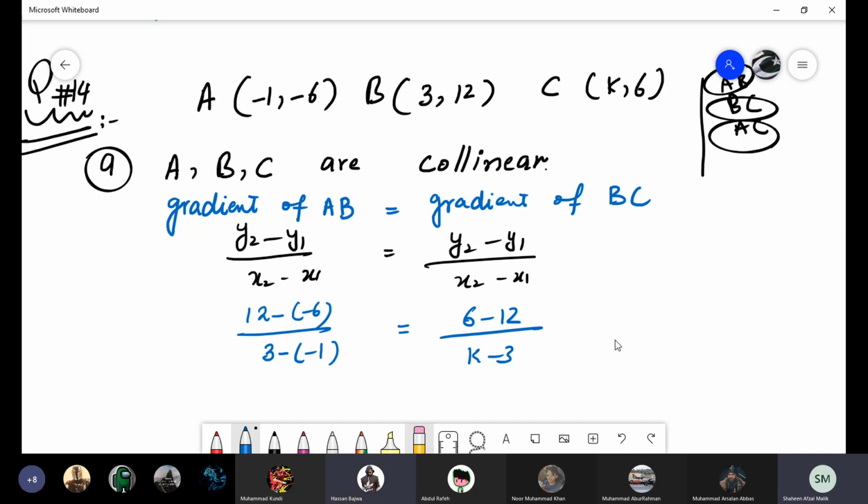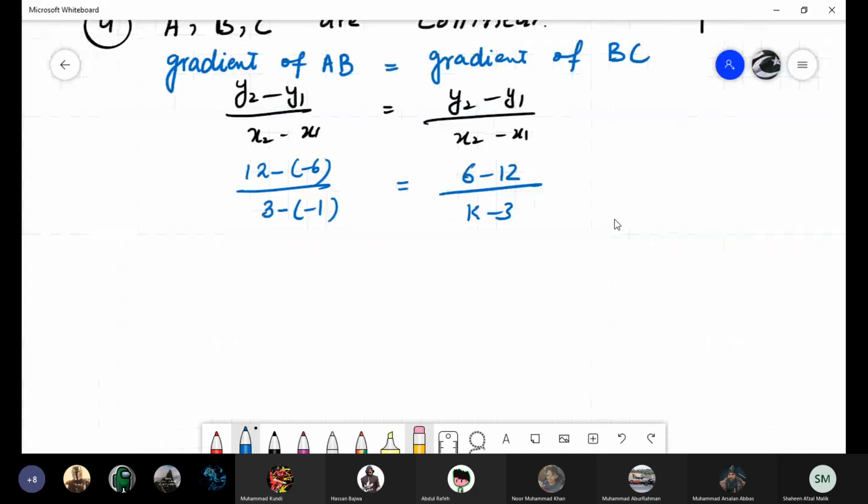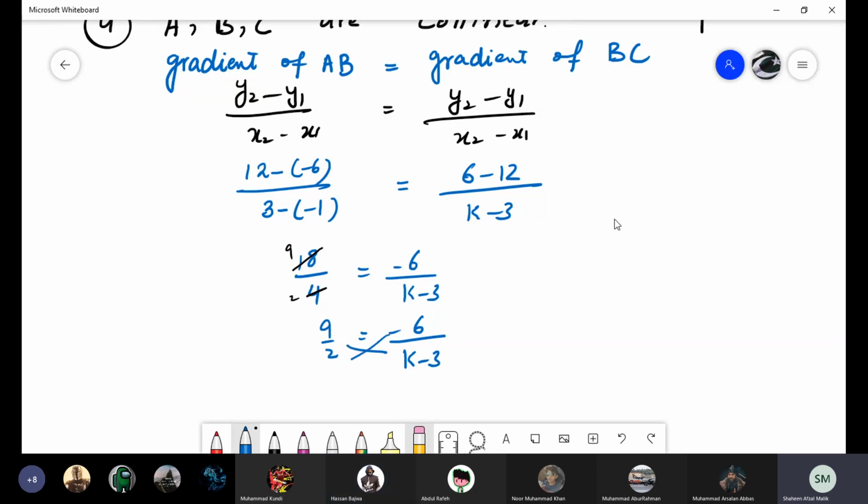Simplify. 12 minus 6 is 6... 12 plus 6 is 18, so this is 18 over 4, and this is 6 minus 12, which is minus 6, over k minus 3. Can you further simplify 18 over 4? Yes, 9 over 2. So we can write 9 over 2 equals minus 6 over k minus 3. Then cross multiply: 9 with k minus 3 and 2 with negative 6.